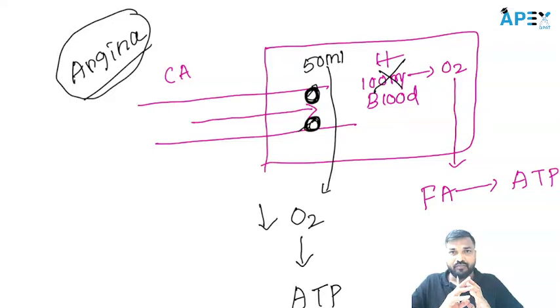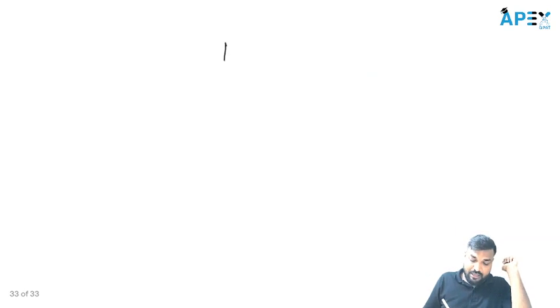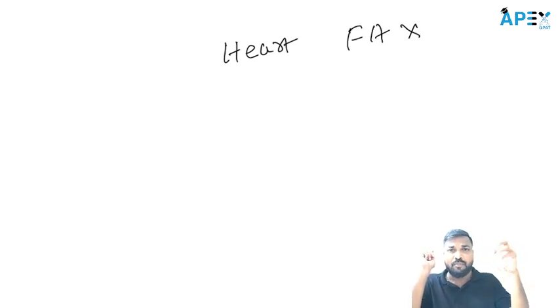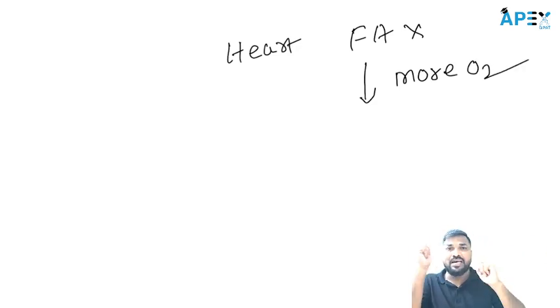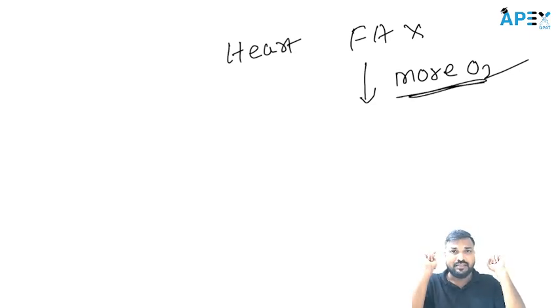Now what to do? What did we say to the heart? We said, stop using the fatty acid. Why did we ask the heart to stop using fatty acid? Because fatty acid requires more oxygen, but we are not receiving enough blood and enough oxygen. So fatty acid metabolism will be less, and we produce less ATP.